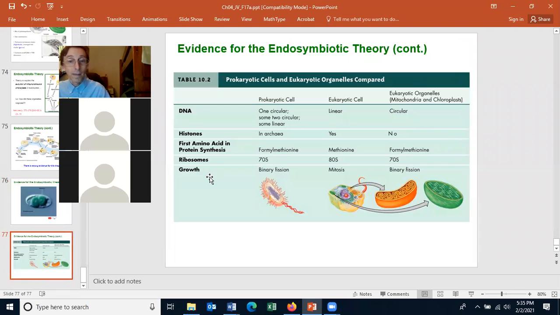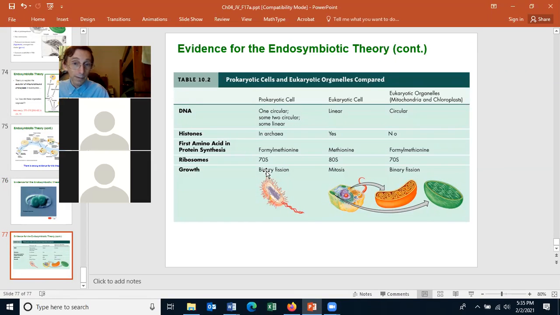The growth of the mitochondria and the chloroplast happens by binary fission. The growth of eukaryotic cells happens by mitosis. And of course, the growth of all prokaryotic cells happens by binary fission.